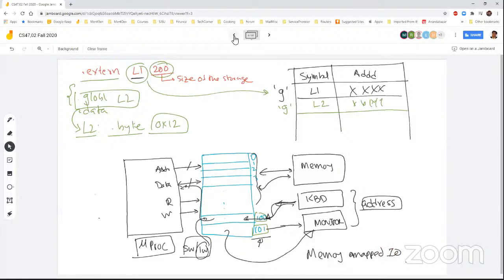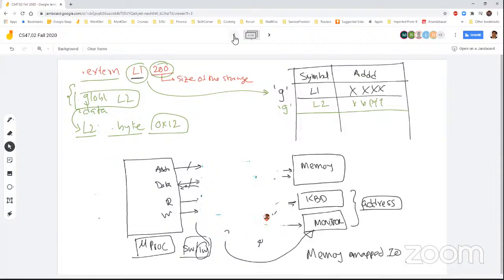Now, in the older days, this conception was not there. The processor actually needed to know that I am issuing an address, but also whether it is for the IO or not.